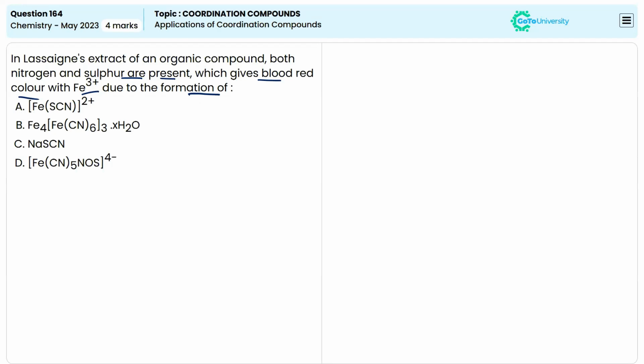Before that, if the organic compound contains sodium, carbon, nitrogen, and sulfur, sodium thiocyanate will be produced, right? That is sodium plus sulfur plus nitrogen plus carbon, they will produce NaSCN, sodium thiocyanate.